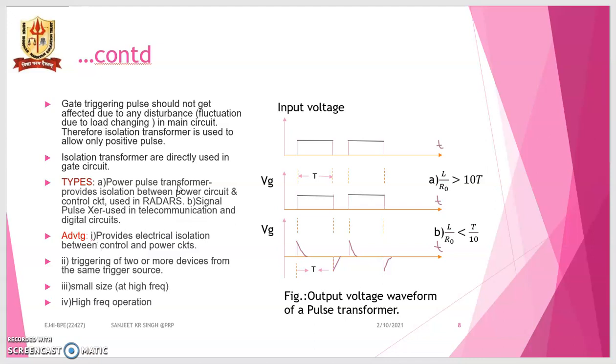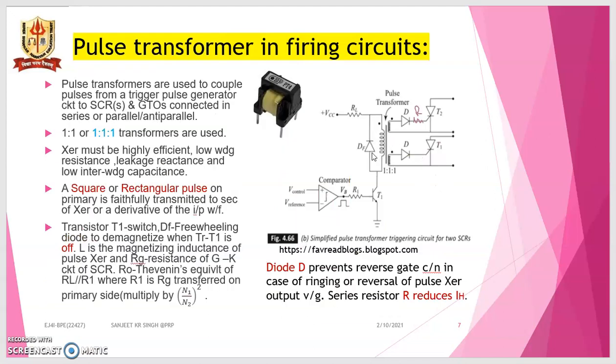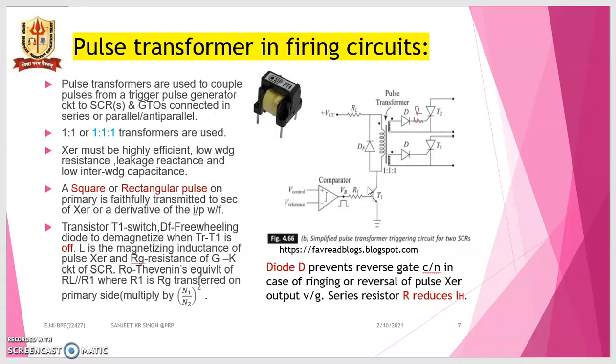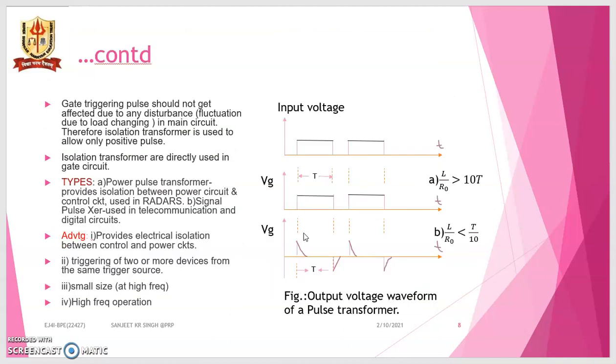Advantages of the pulse transformer: it provides electrical isolation between the control and power circuits. Triggering of 2 or more devices from the same trigger source can be done. Small size, because at higher frequency the size of the inductor and capacitor reduces, and high frequency operation is possible. And these are the input voltage pulses here, then the voltage pulse at the gate of the SCR.